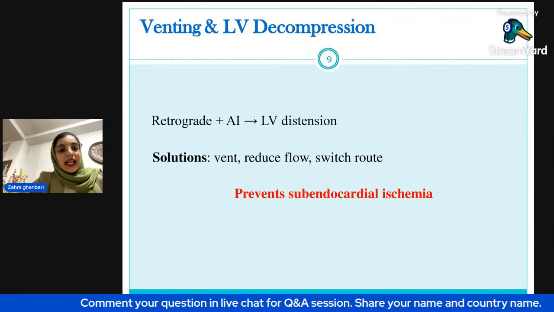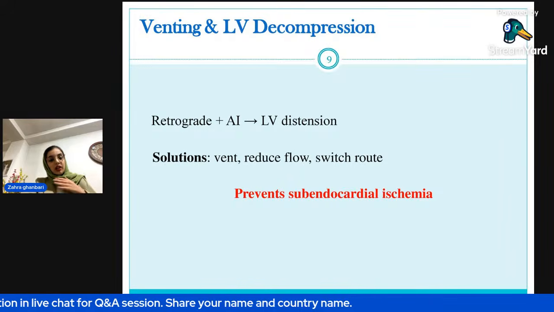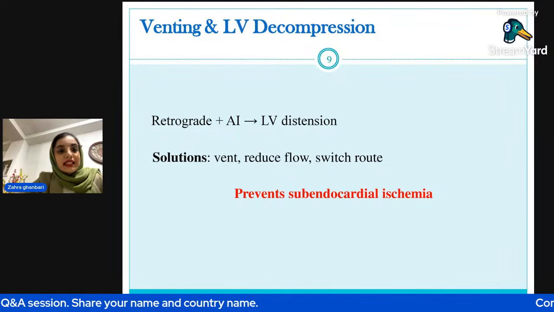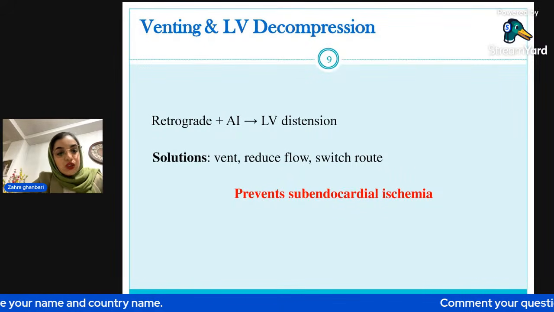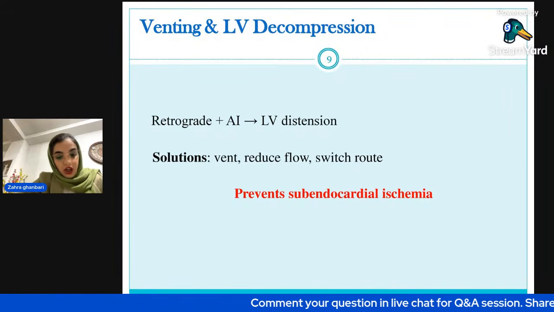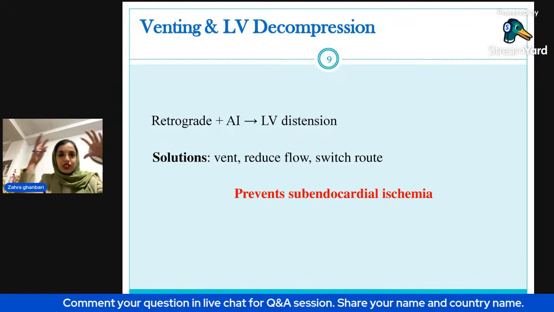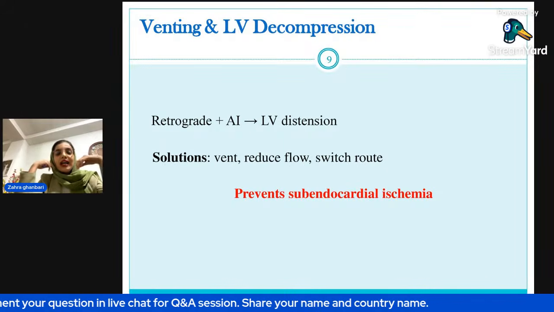Thank you. Venting and LV decompression. Retrograde cardioplegia with aortic insufficiency (AI) leads to LV distension. Blood can flow backward into the left ventricle (LV), stretching the ventricle.